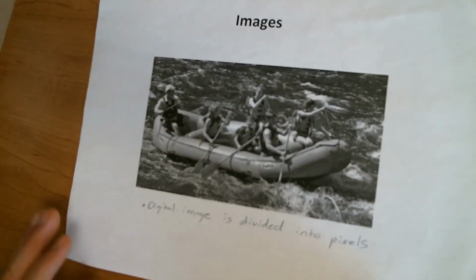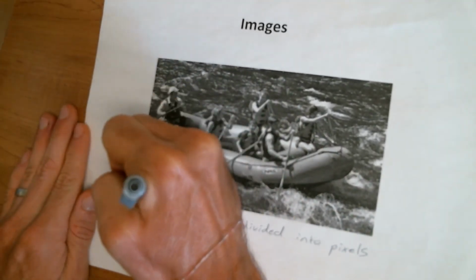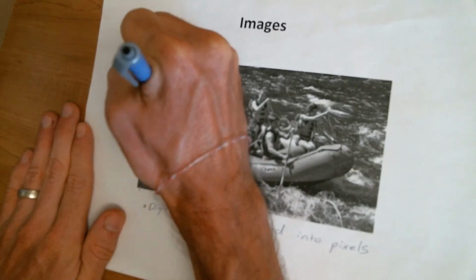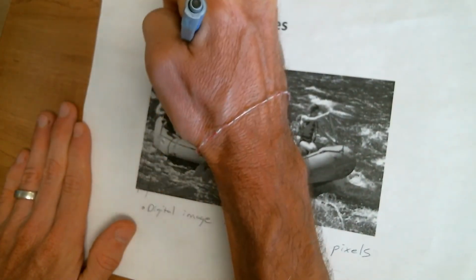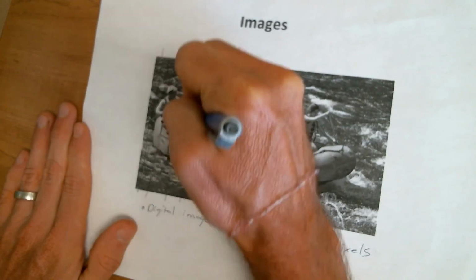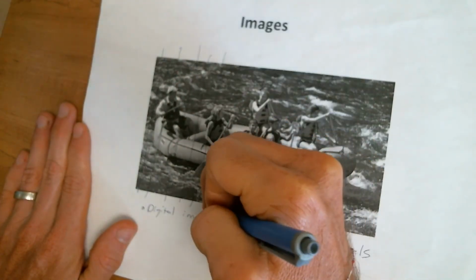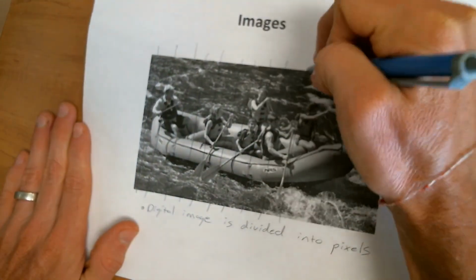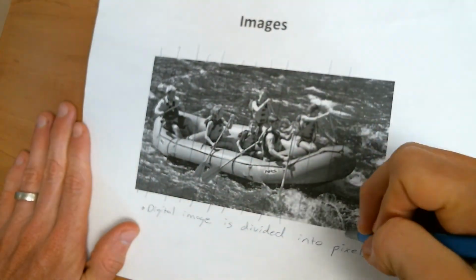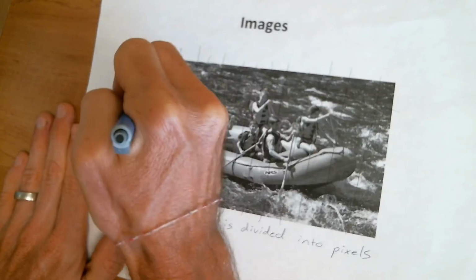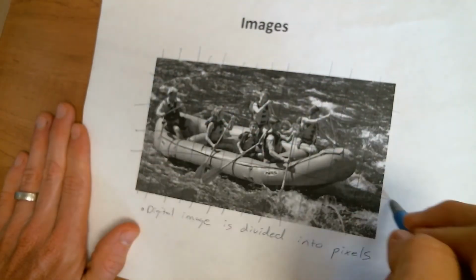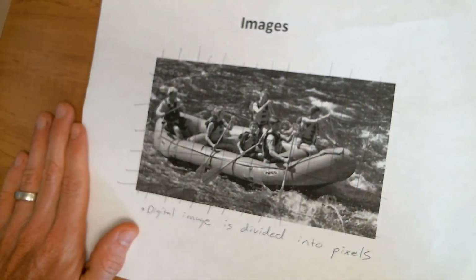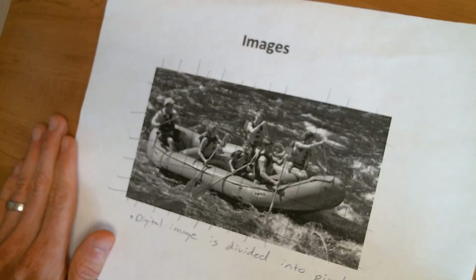And you can basically think of pixels as the individual points of light on the screen. So you can think of this as being divided up into a giant grid, all right? And obviously the boxes would be way smaller on the computer, but the idea is sort of the same.